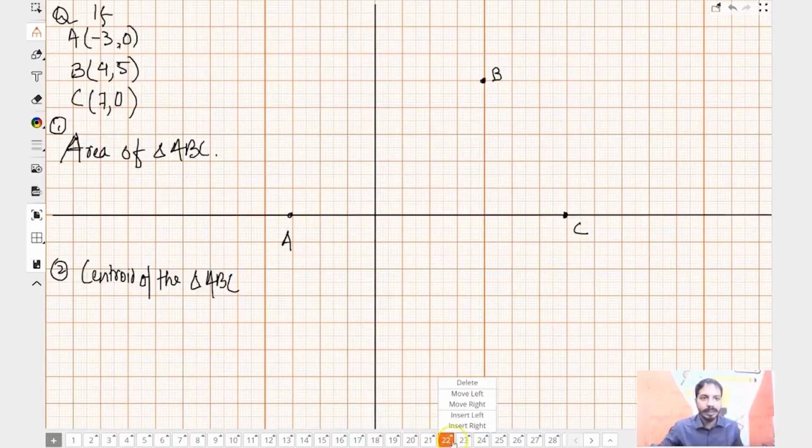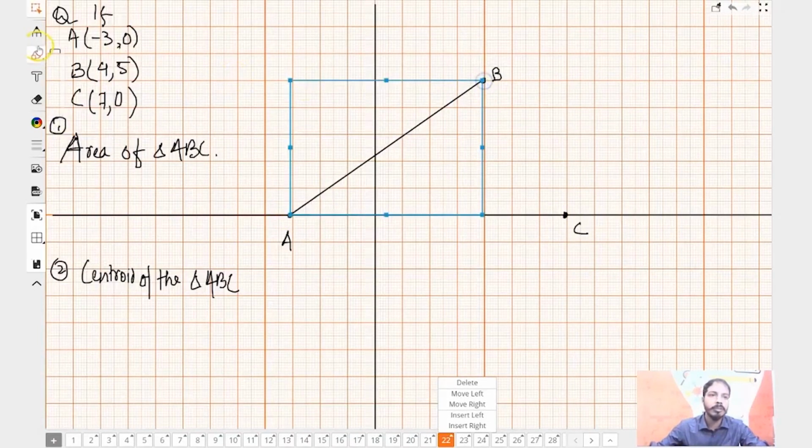Similarly, let's go for the next concept. As I already told you, suppose there are 3 points. So if there are 3 points, you can find out the area of the triangle formed by them. Let me say I have a triangle formed by these 3 points, say A, B and C. So what is the area that I will get here?